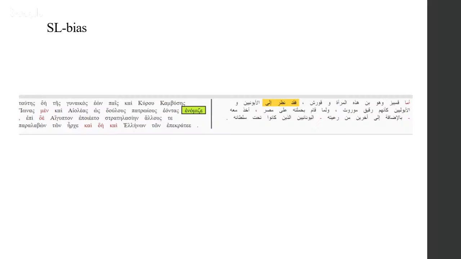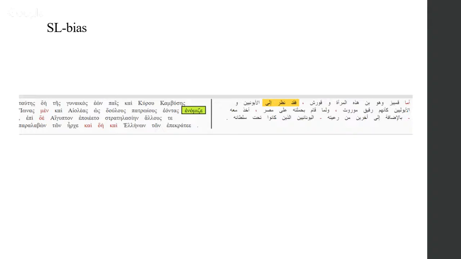But he was not doing this all the way in his translation. For example, here is a source language bias in which he was not able to preserve the arrangement of the Greek verb enomese at the end of the sentence, and he has put it, as you can see in the first line in the Arabic, in the first place, because he could not do that, because of the syntax of the Arabic language. So he was trying as much as possible to preserve the arrangement, but of course, sometimes he's forced not to do it.